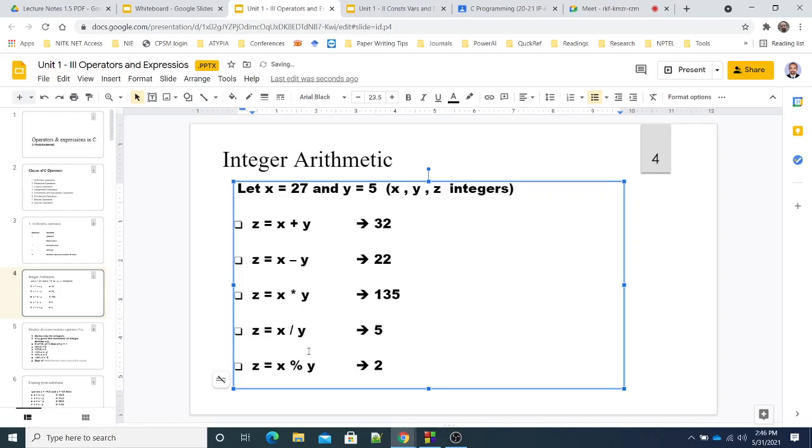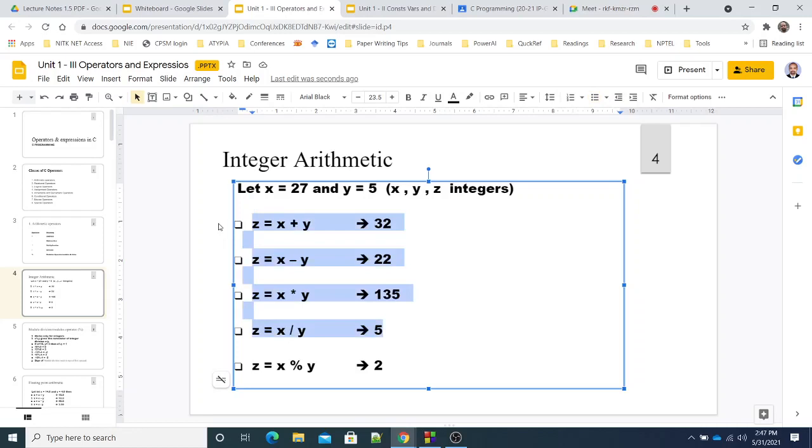This concept is more important, sometimes you will get confusion. Since these two are integers, the result will be an integer. Even though we expect 5.4, that 0.4 will be discarded or truncated, and we get 5.